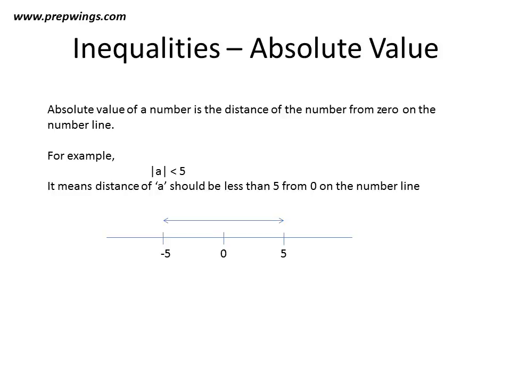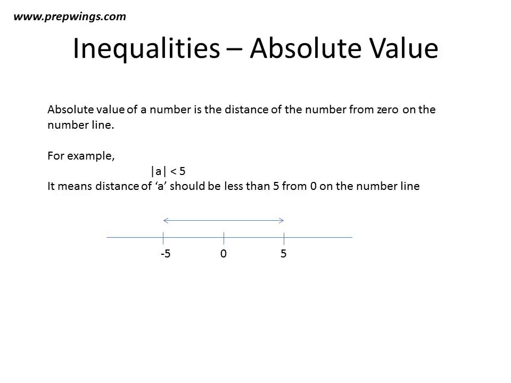Because if you pick any number between 0 and 5, let's say we pick 4, 4 is at distance 4 from 0 on the number line, which is less than 5. So that means 4 satisfies the inequality. Similarly, minus 4 is also at distance 4 from 0, which is less than 5, so minus 4 also satisfies.